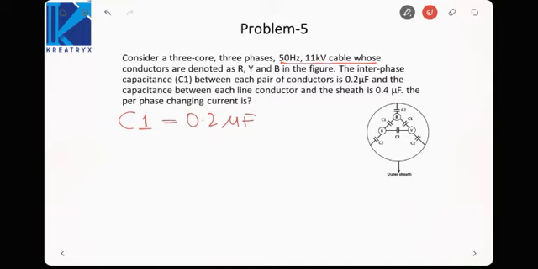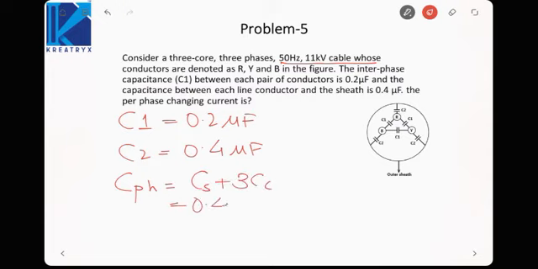Okay, and capacitance between line conductor and sheath is 0.4, so Cs is 0.4 microfarad. So per phase capacitance will be Cs plus 3 Cc, that is 0.4 plus 3 into 0.2, that is 1 microfarad. Now it is asking line charging current, which is equal to omega C phase V phase.